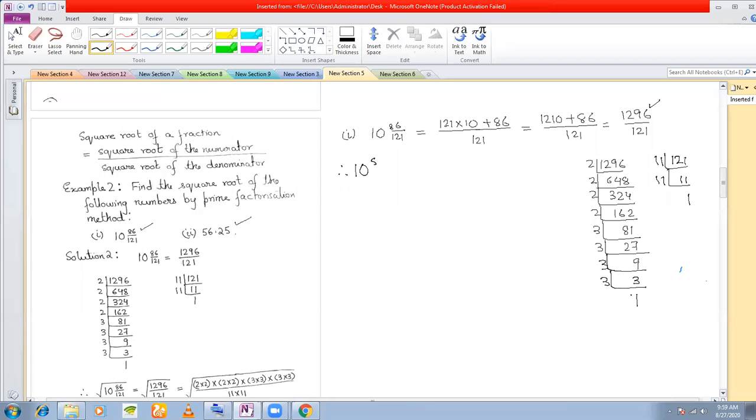So therefore, what do you get? 1296 divided by 121 is equal to, how many pairs here?